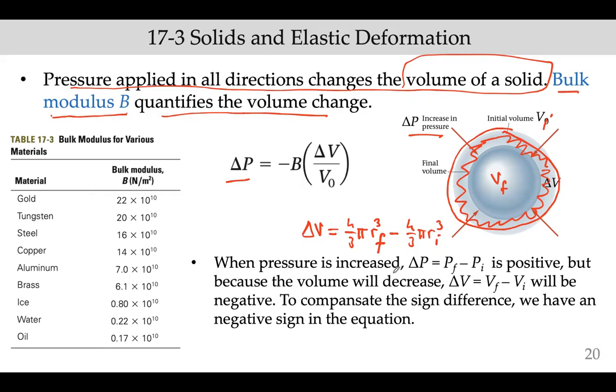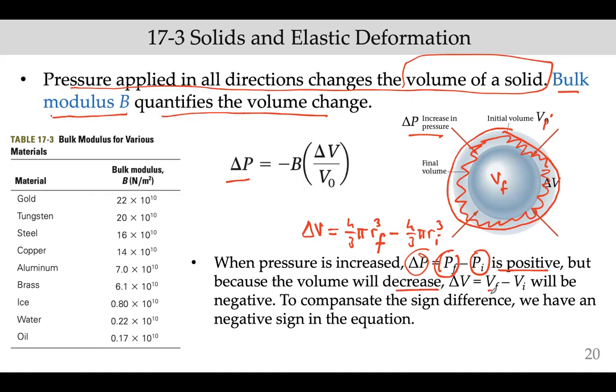So when pressure is increased, it's final minus initial. The final is larger, the initial is smaller, because you are increasing the pressure here. So this value becomes positive because you're subtracting a small number from a large number. But because the volume will decrease, the final volume is less.